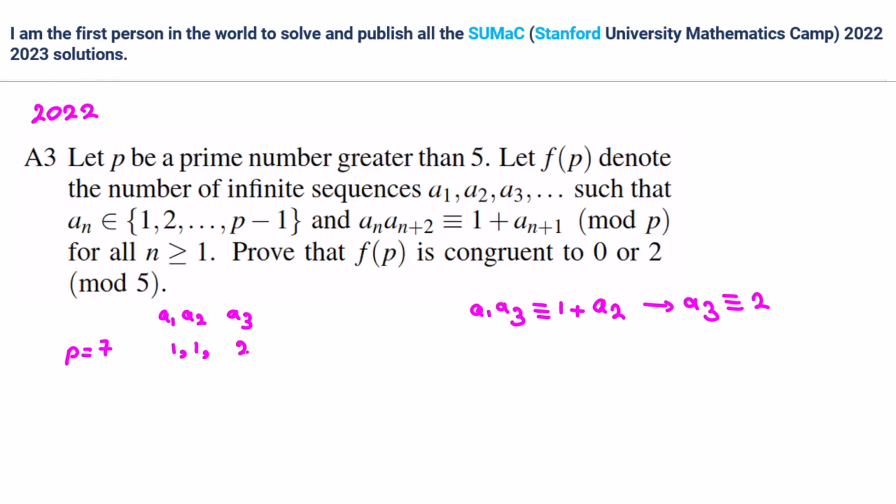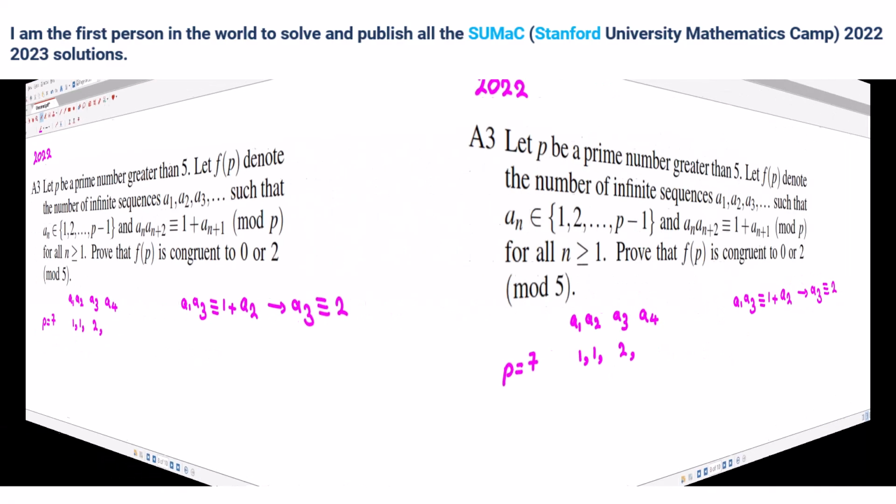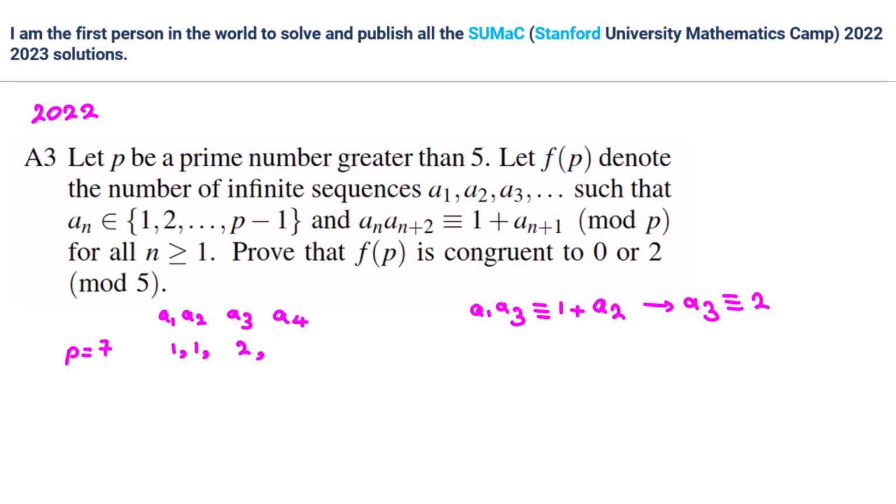A4 is what now? Okay, then A4 is equal to 3. Let's check. We know A2 times A4 is equal to 1 plus A3, right? 1 plus A3 is 3. A2 is 1, so A4 is 3.